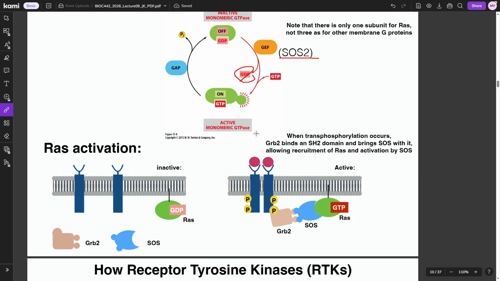I think the main thing here is to keep in mind that GRB2 binds an SH2 domain and brings SOS with it, right?